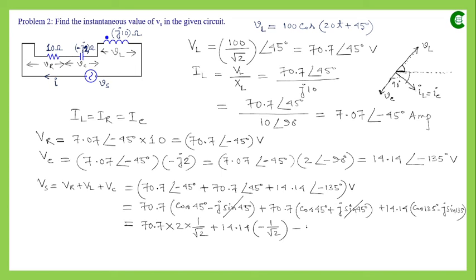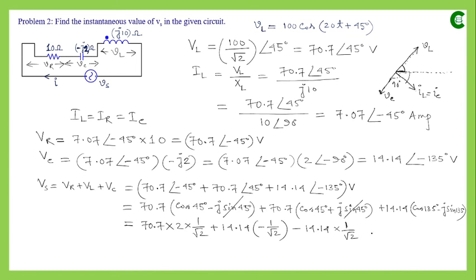And then we have minus 14.14 sine 135, which will have a positive value, and value wise it is 1 by root 2 again. Sine 135 will have the value of sine 45 degrees only, and in the second quadrant sine has a positive value.